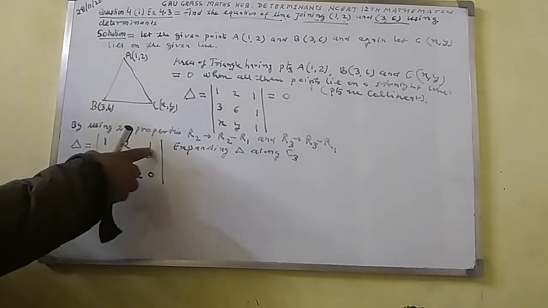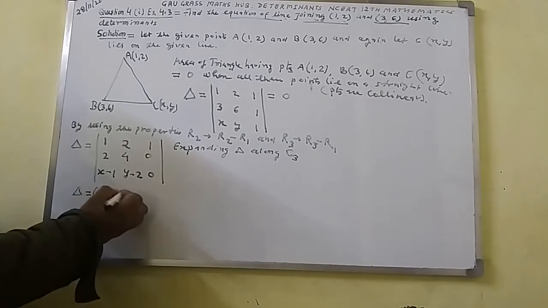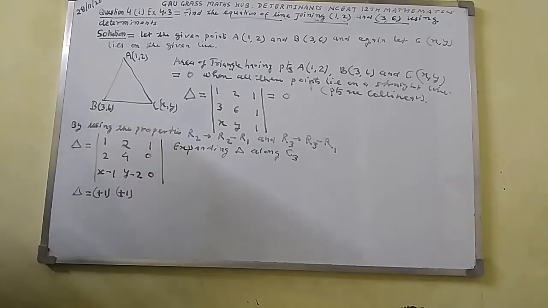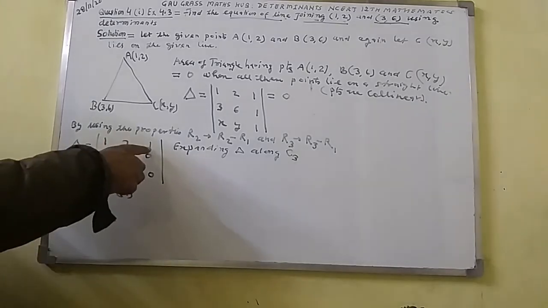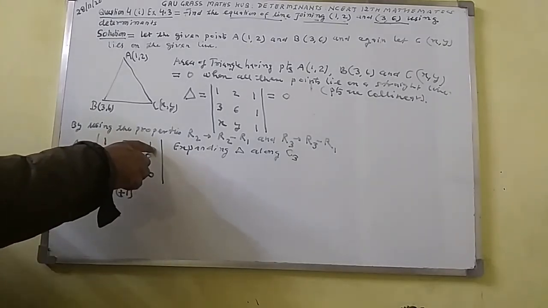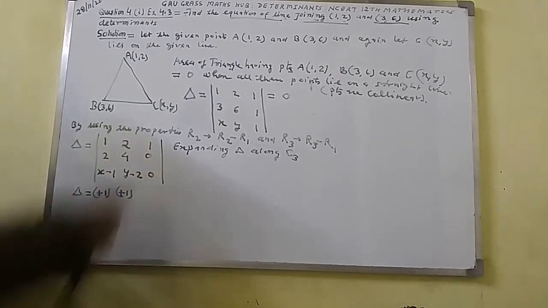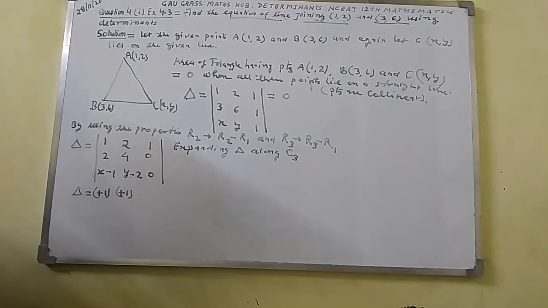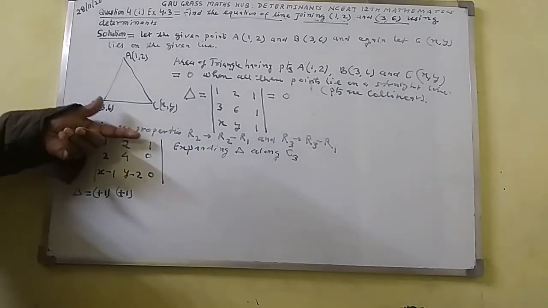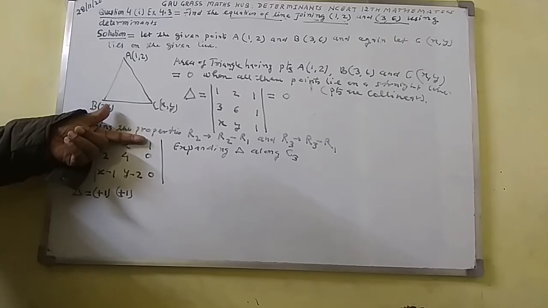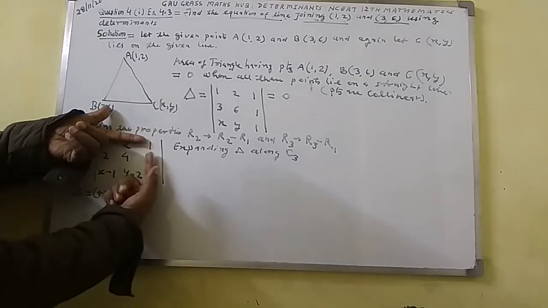This plus 1 will be reflected here, and now get the minor of plus 1 here. Here 1 is there in the first row and third column. First row will be hidden like this and third column will be hidden like this.